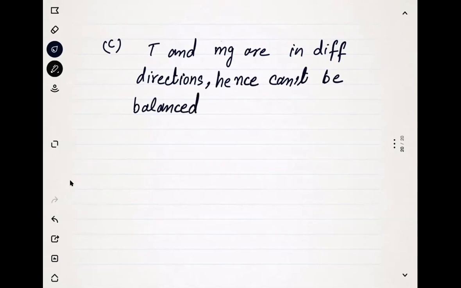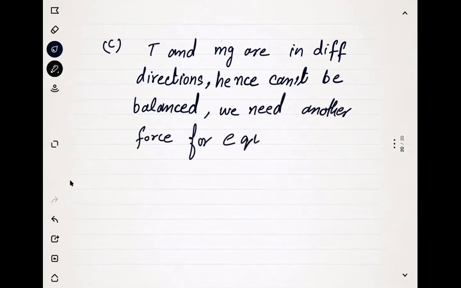We need a third force to balance them. We need another force for equilibrium.